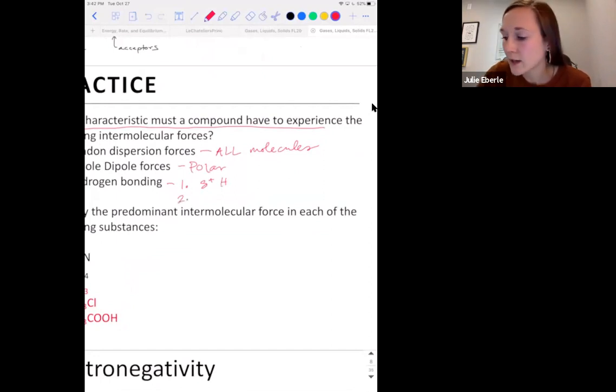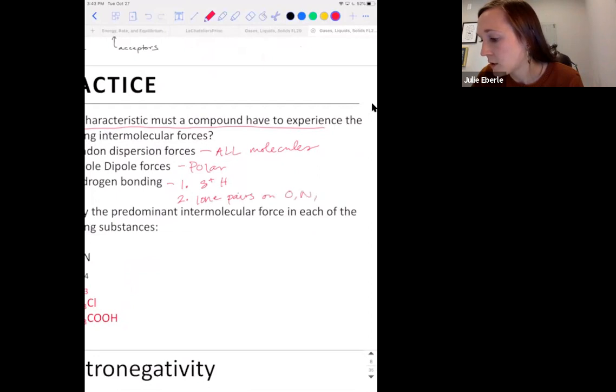And number two, what else do we have to have? Lone pairs, not just any lone pairs, on an oxygen, a nitrogen, or fluorine. So not chlorine, not bromine, not sulfur, specifically on an oxygen, nitrogen, or fluorine.